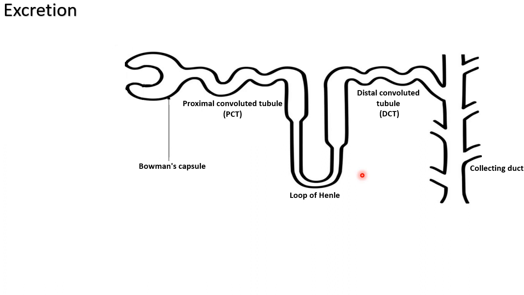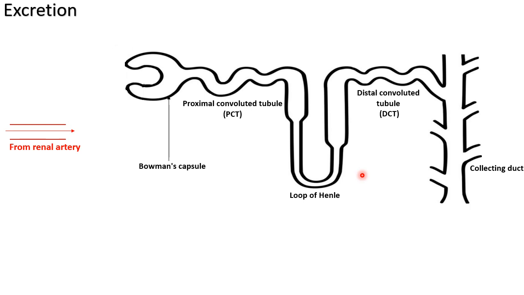Okay, the kidney, as any organ, has its blood supplied through an artery. The blood is supplied through the renal artery. And as we know, any artery has small blood vessels that branch out from it.